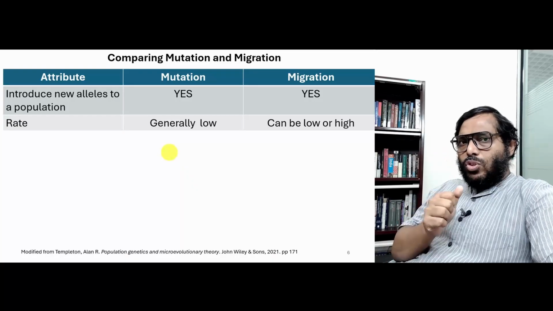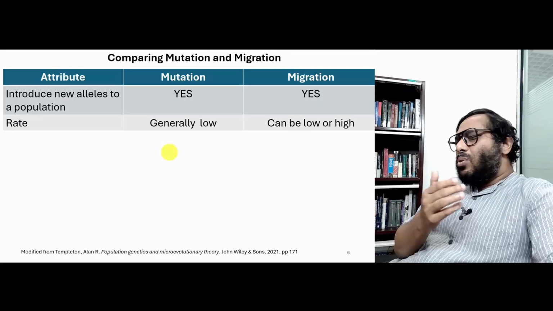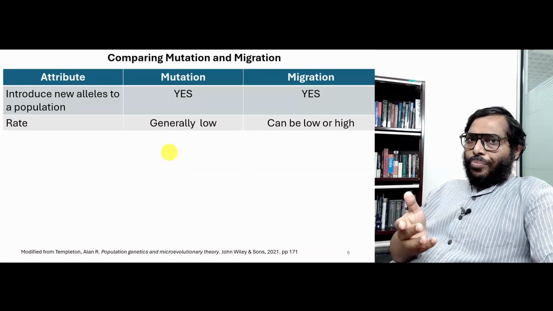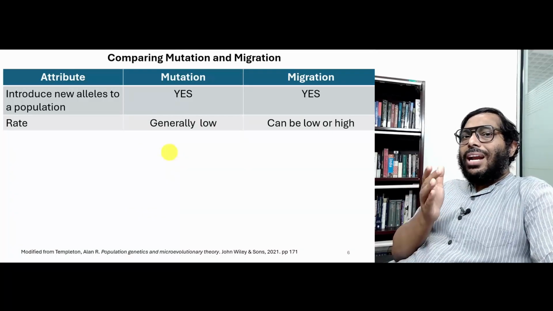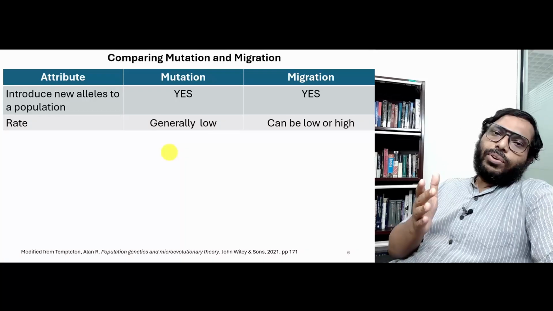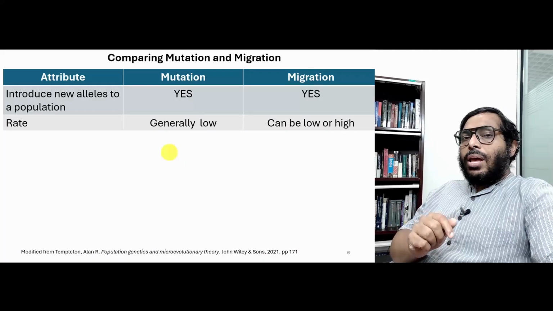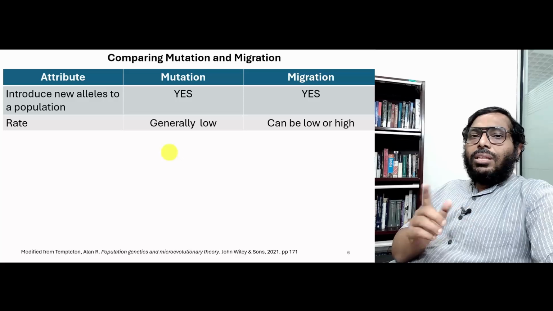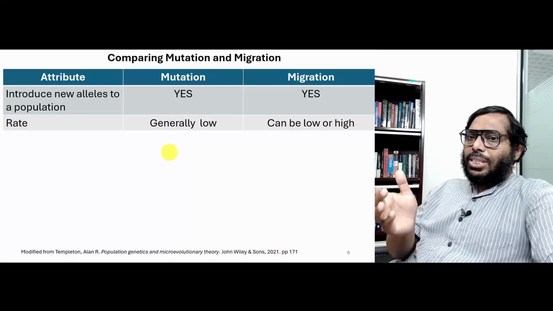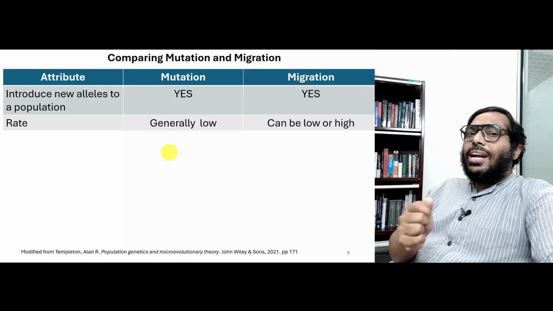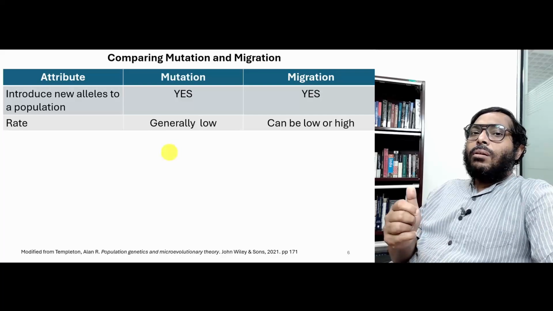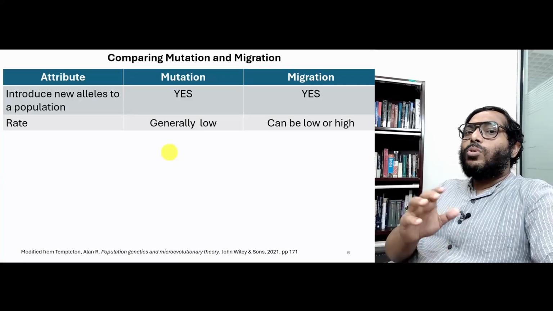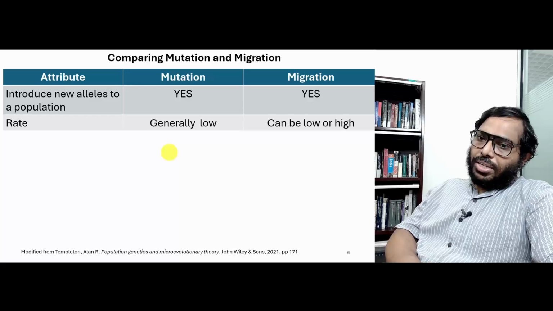So, when it comes to mutation, as we have seen, mutation rates are generally low, and therefore at a given time if there is a beneficial mutation, that can arise in at max a few individuals. However, migration rates can be either low or high, they can be pretty much anything, and therefore the rate at which new alleles are coming into the population can be much more diversified, can be much more varied when it comes to migration.